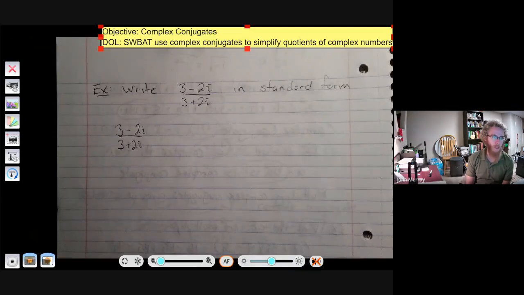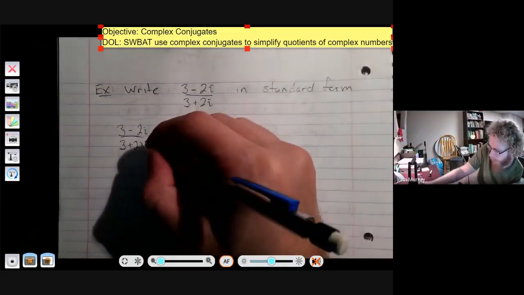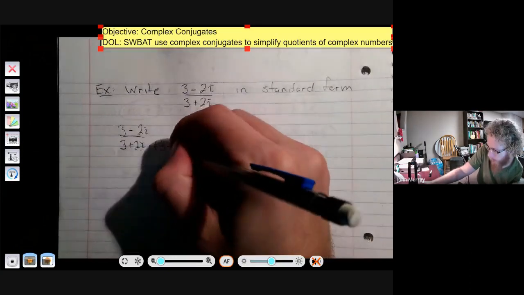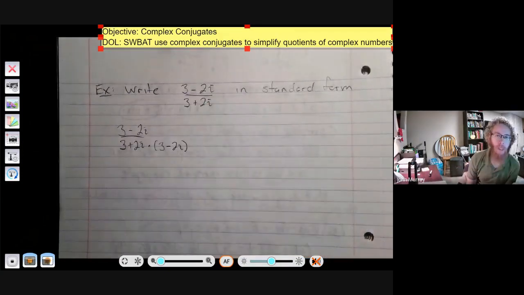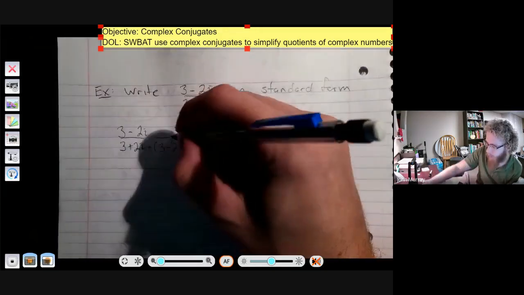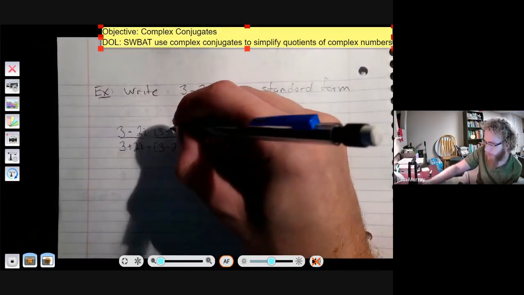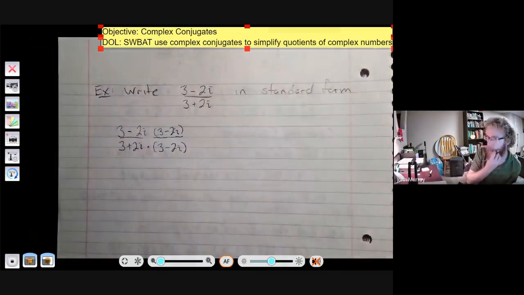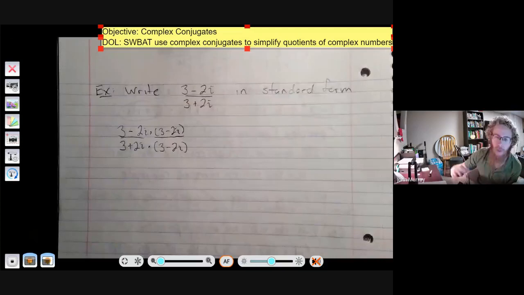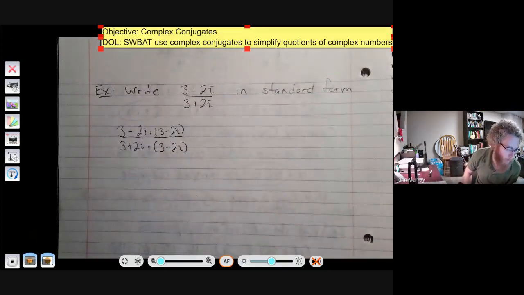What is going to be the conjugate of 3 plus 2i? Who can tell me? 3 minus 2i. Good. So you put that in the denominator times 3 minus 2i, and you put it in the numerator. It just so happens it's the same thing as the numerator, but that's a coincidence.